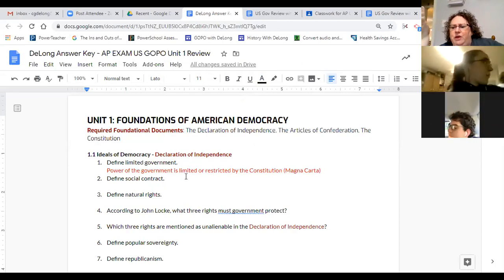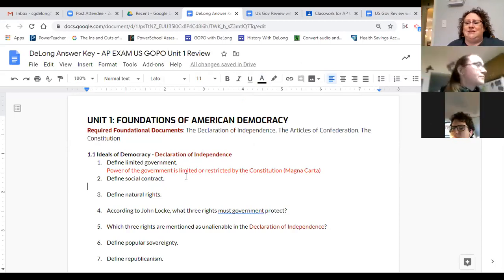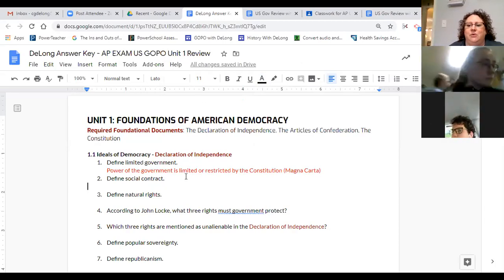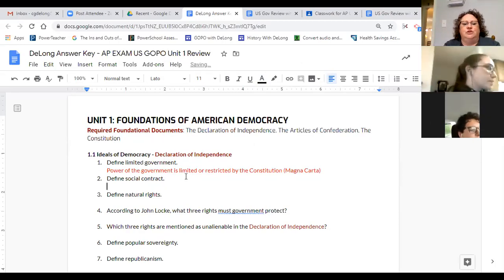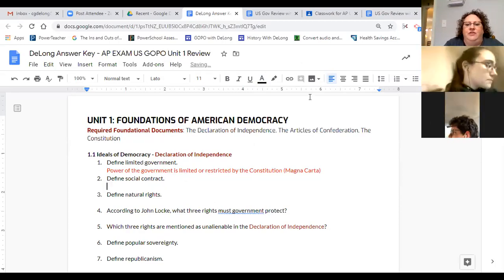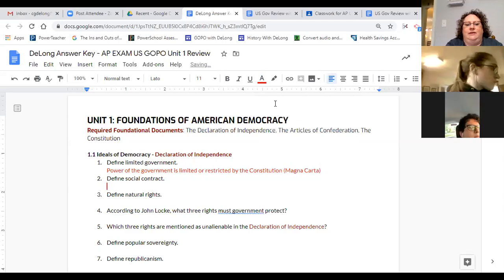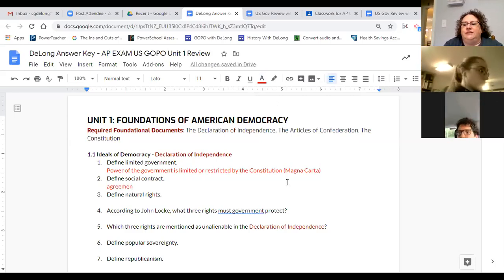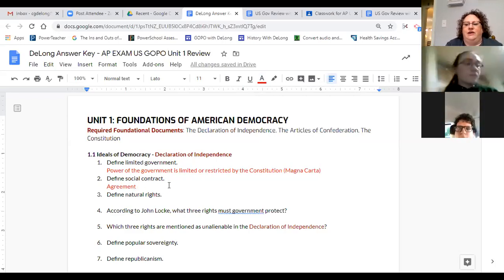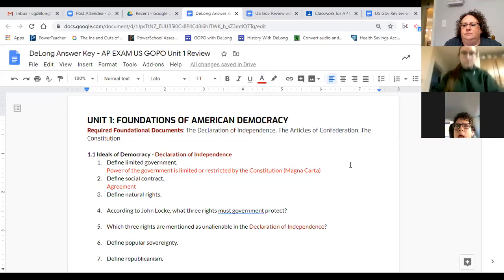And so there were rights that Englishmen had as colonists that were being denied to them. So the social contract, this is that agreement. Agreement's always between 2 parties, and so who are the 2 parties the social contract is between? The government and its people. Yes.